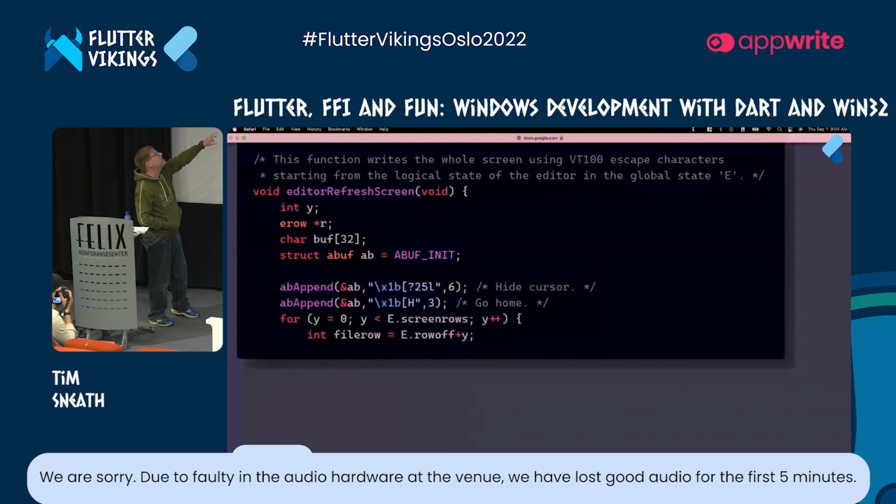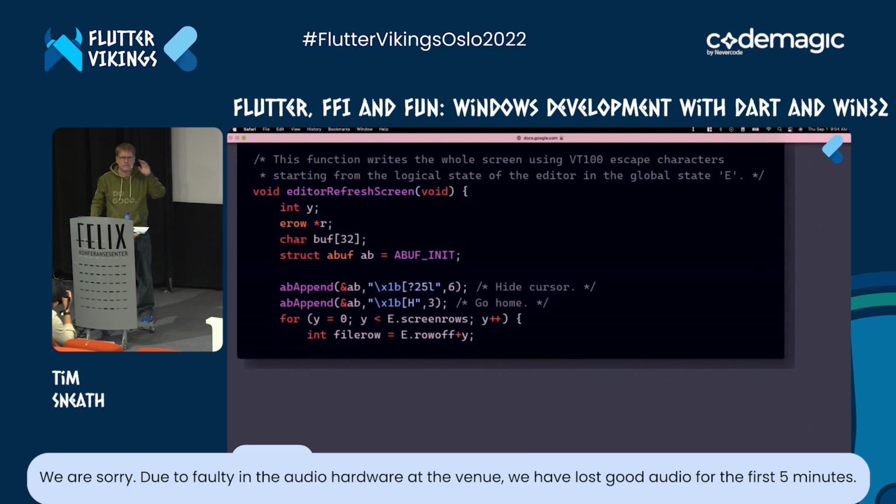I think it's 1b in hex, 27 in decimal. It's the escape code, and then an open bracket, and then you pass some parameters that actually say what to do. So you hide the cursor with the top one. You go home by sending that second line, and that works in any modern terminal these days. It works on Unix, Linux, Mac, Windows the same way. So that's the kind of code that you write.